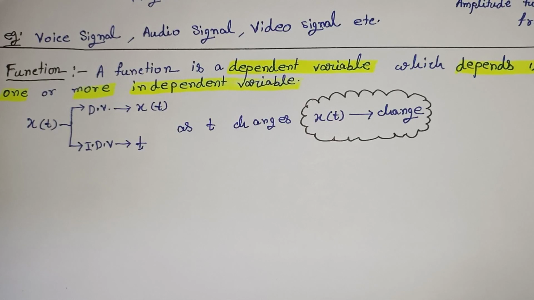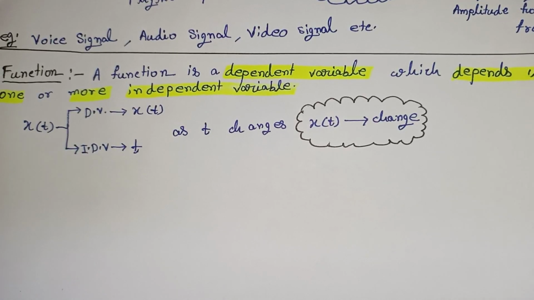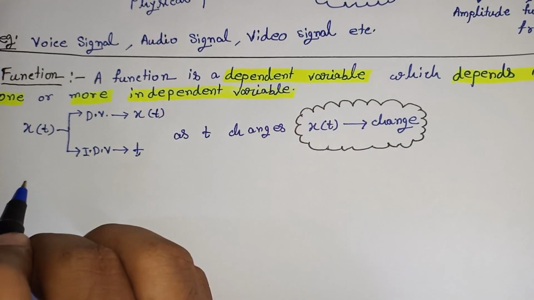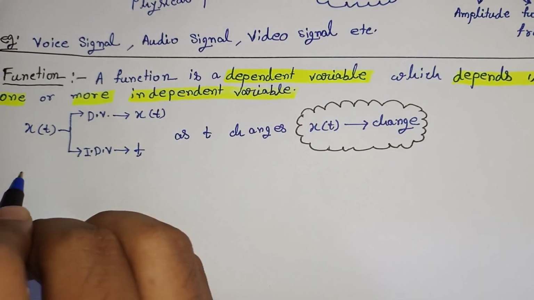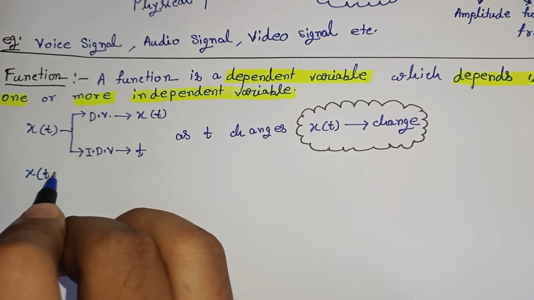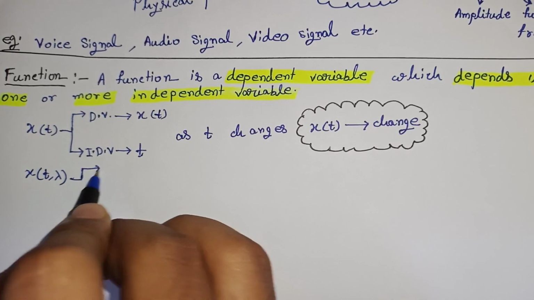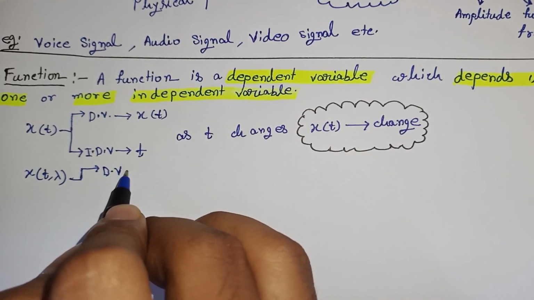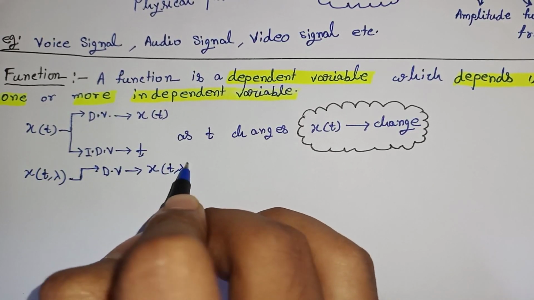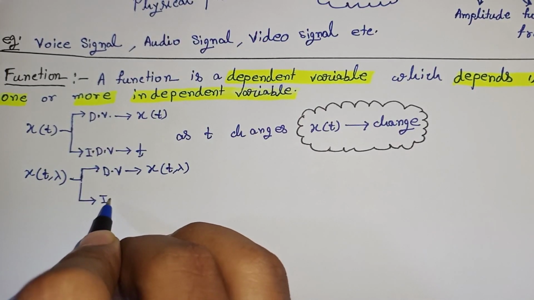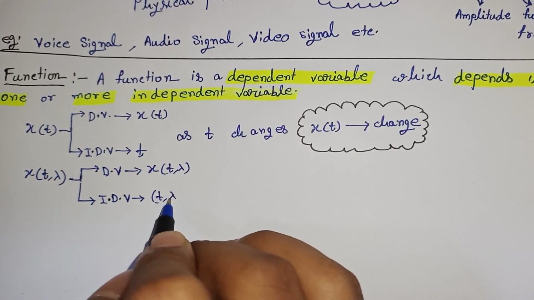So there is only one independent variable, which is t. If we have a function which has two independent variables, let's say x(t, lambda), here the dependent variable is x(t, lambda), and the independent variables are t and lambda both.